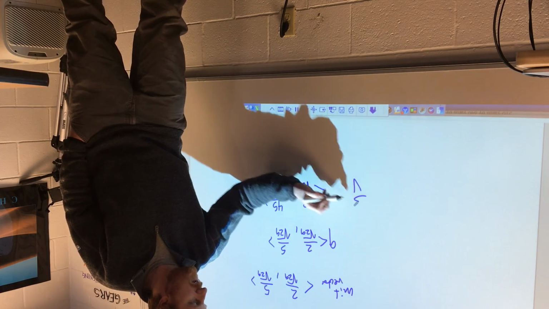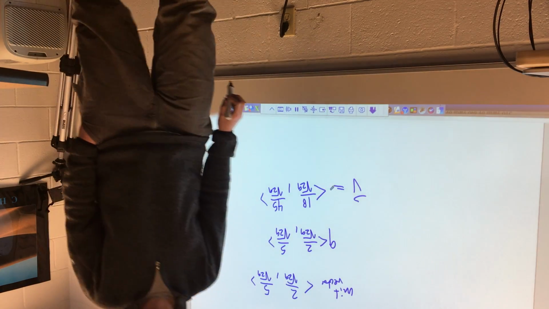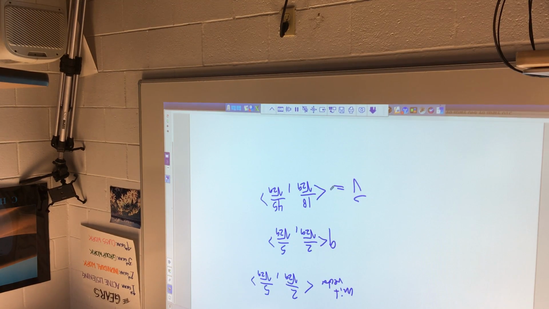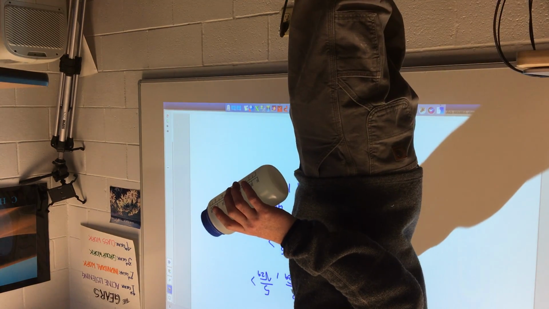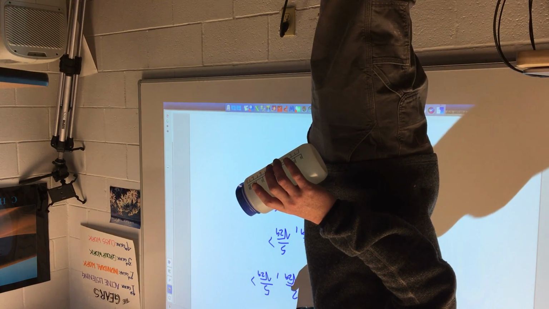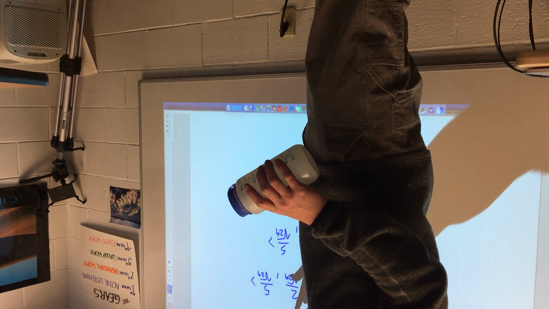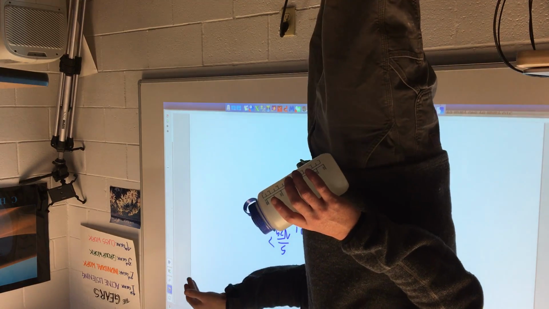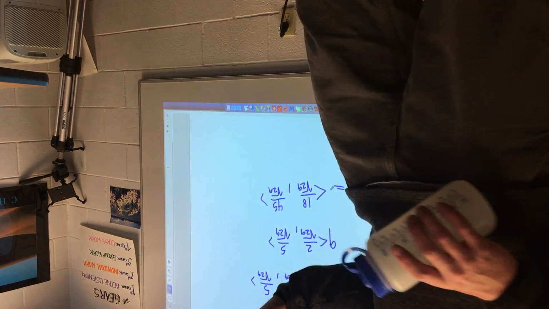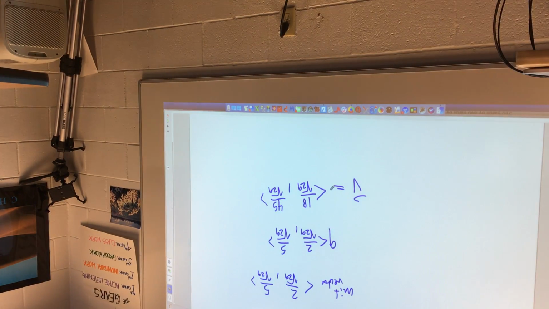Wait, you want to find the unit vector of length 9? No, we want a vector in this direction with that magnitude. So if I find the unit vector, that'll give me that direction still, but of magnitude 1. Then if I multiply the unit vector by 9, I know it has a magnitude of 9 now. I see what you're doing.